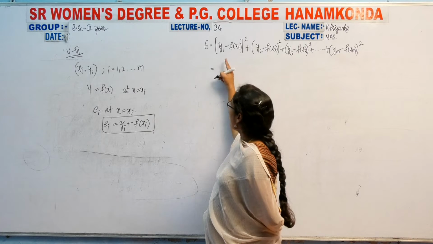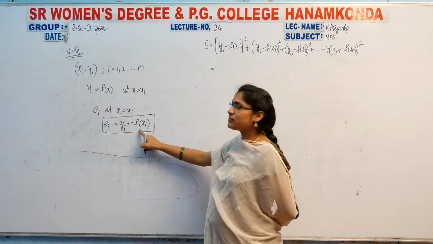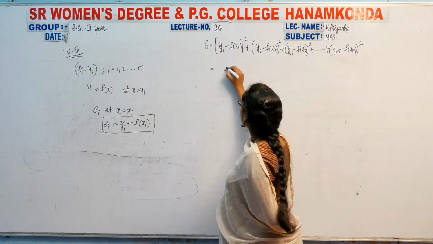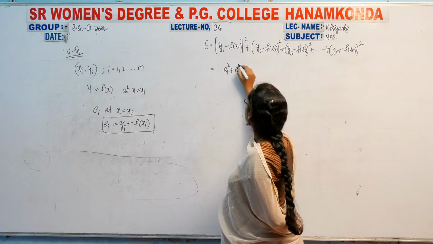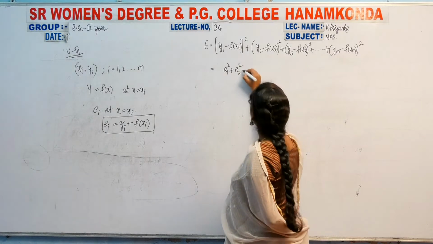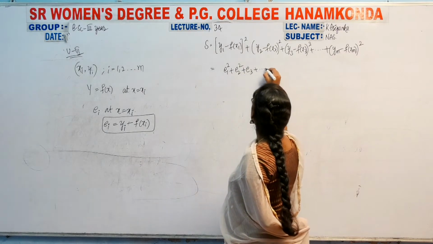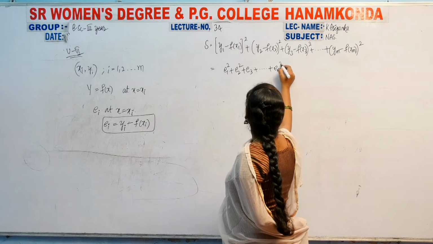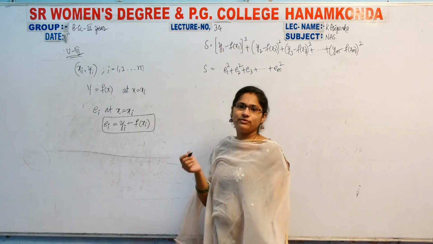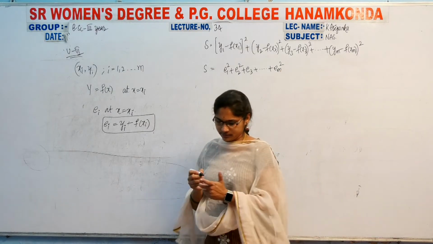Now what is y1 minus f of x1? It is e1. So e1 square plus e2 square plus e3 square plus so on, em square. This is nothing but the value of s.